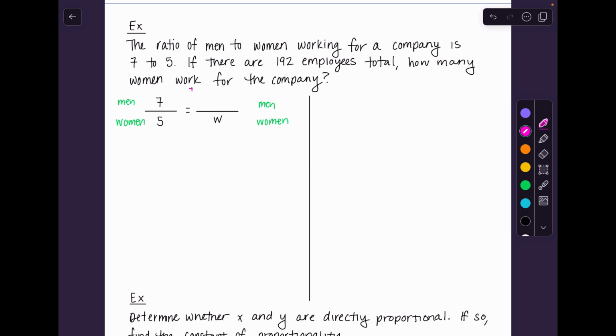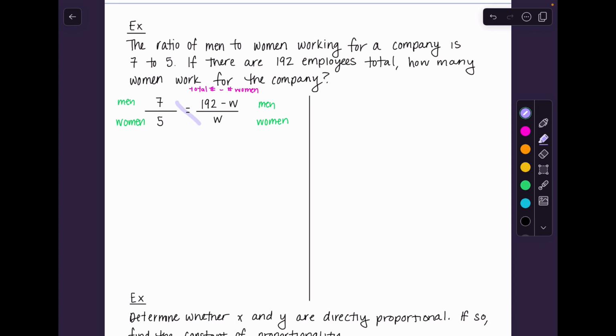So this is going to be the total number of people minus the number of women to give us how many men are in the company. So it gives us 192 minus W in the top. And this is why, although this seems like the really natural approach because you have that 7 to 5, you have to break this down by the number of men and number of women.